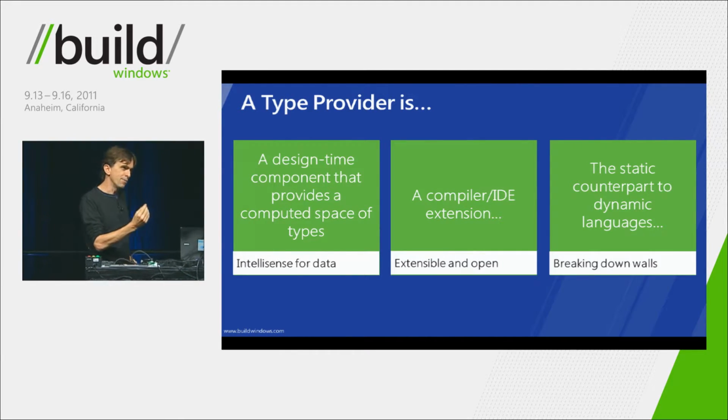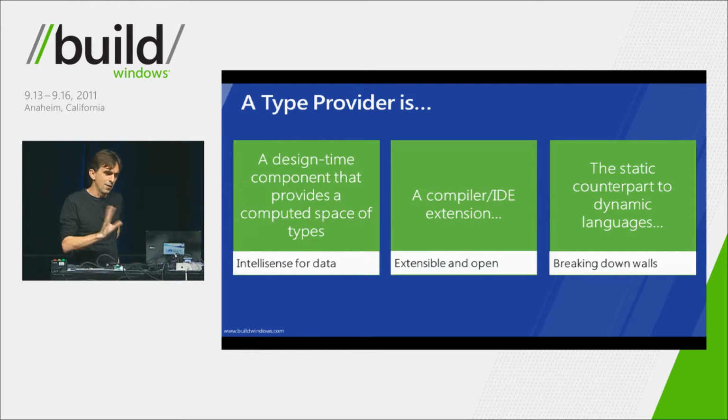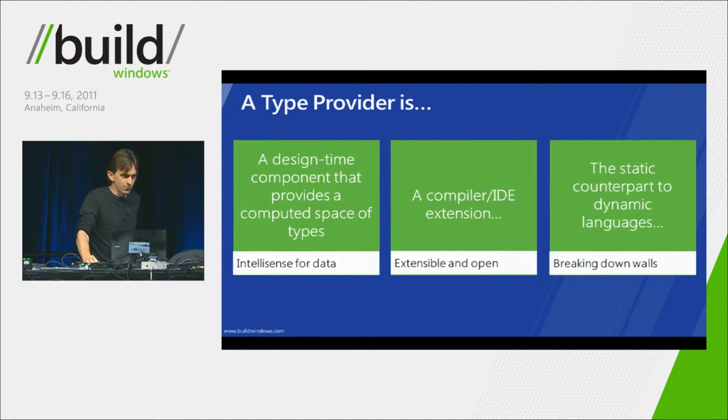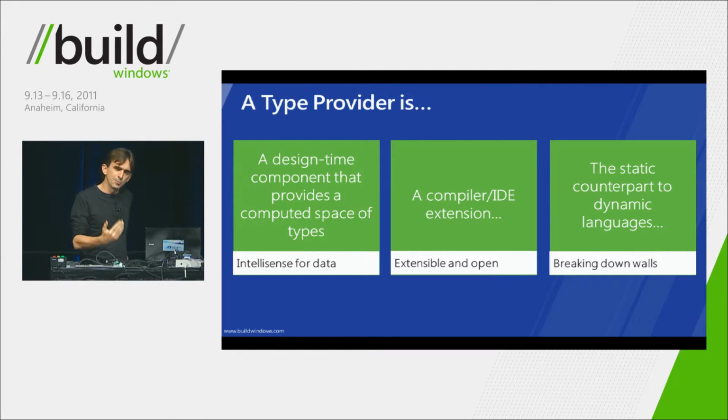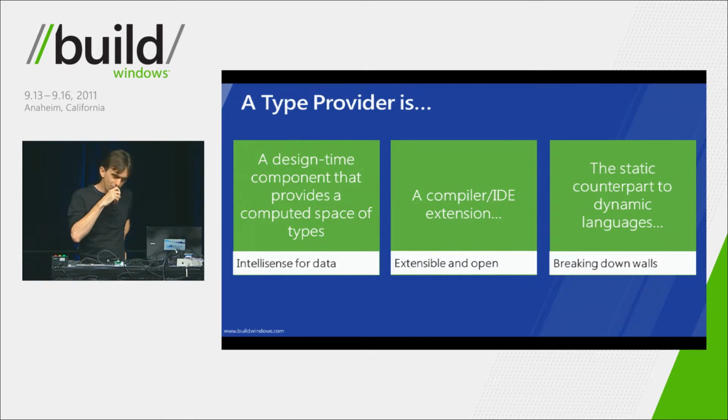You can use type providers with WSDL, with OData, with SQL data, and with third-party data sources like the ones I've been using here. You may have to write a type provider for the data source, and how hard that is depends a lot on what foundations you're building on. But it is an extensible model. You can do type providers for SharePoint, for WMI, for example.